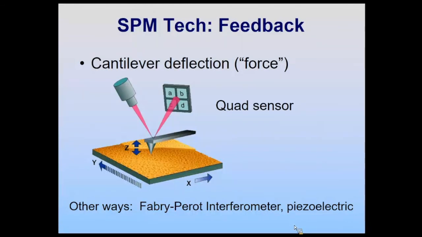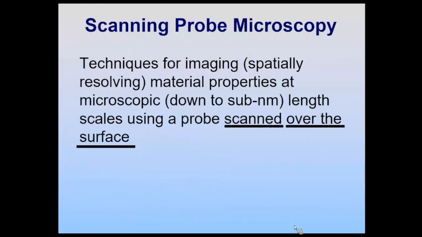Then you just make a measurement of how much light is falling on the 4 parts of the sensor, and that tells you what the displacement of the cantilever is. There are, of course, other techniques, and I'll mention them a little bit later: fiber interferometers, piezoelectrics, and so on and so forth. Okay, so that's how we scan and measure the scanning as we move over the surface.